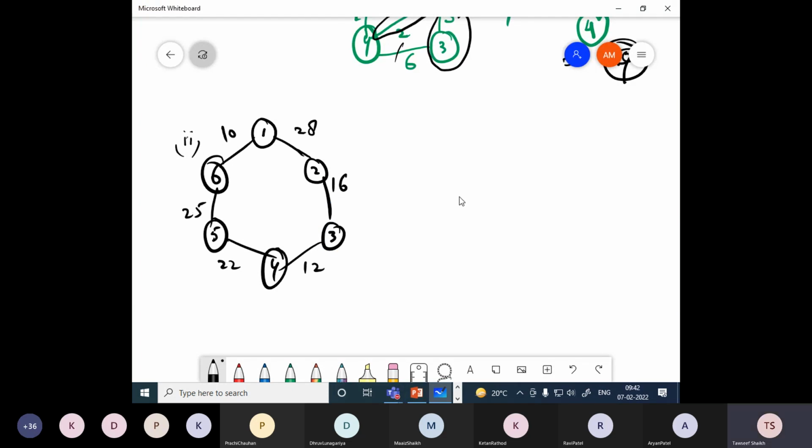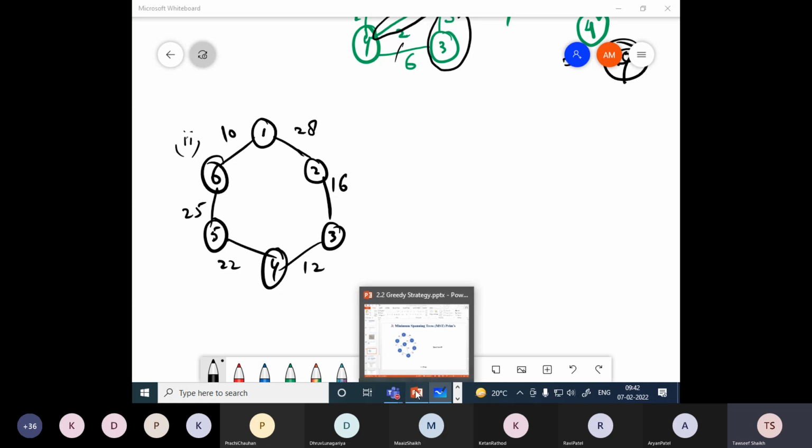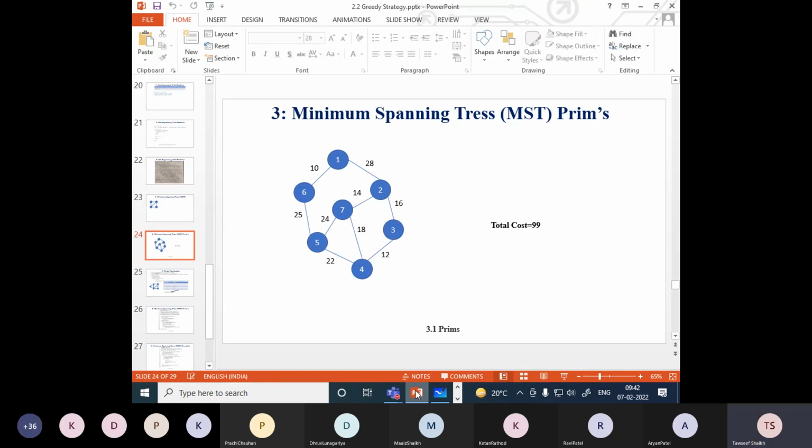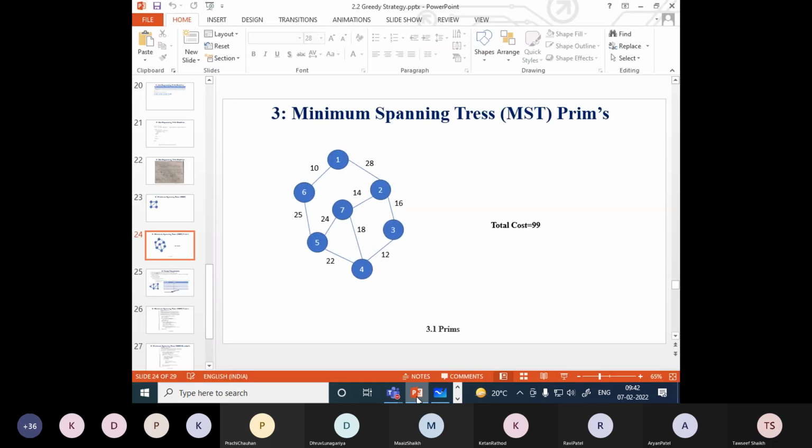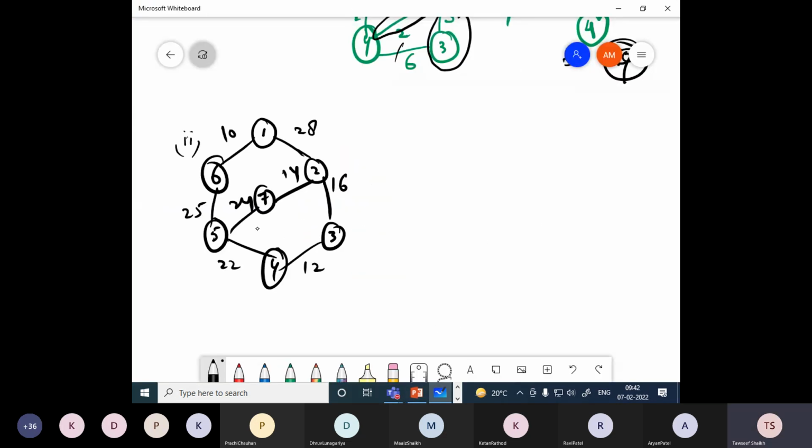These are the respective costs associated with every edge. And there is one more edge in between, 14, 24, and it is connected to 4 here with a cost of 18.